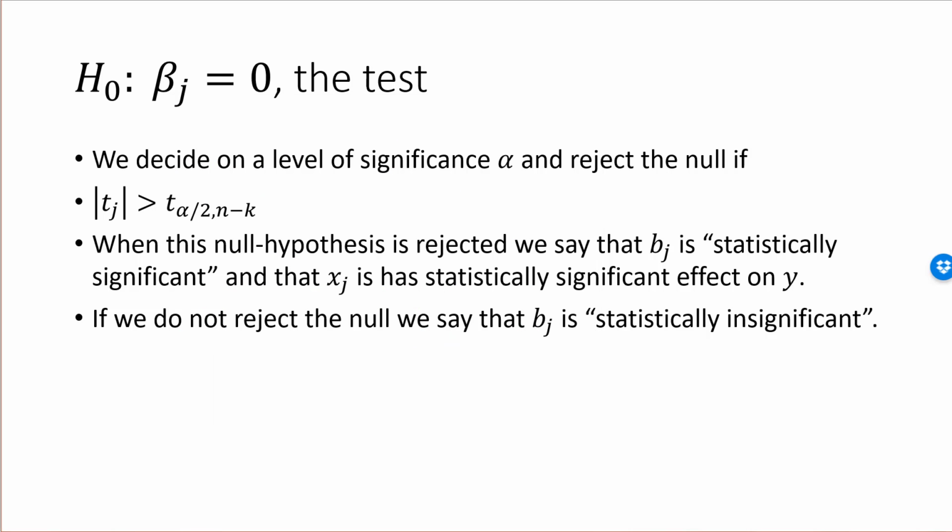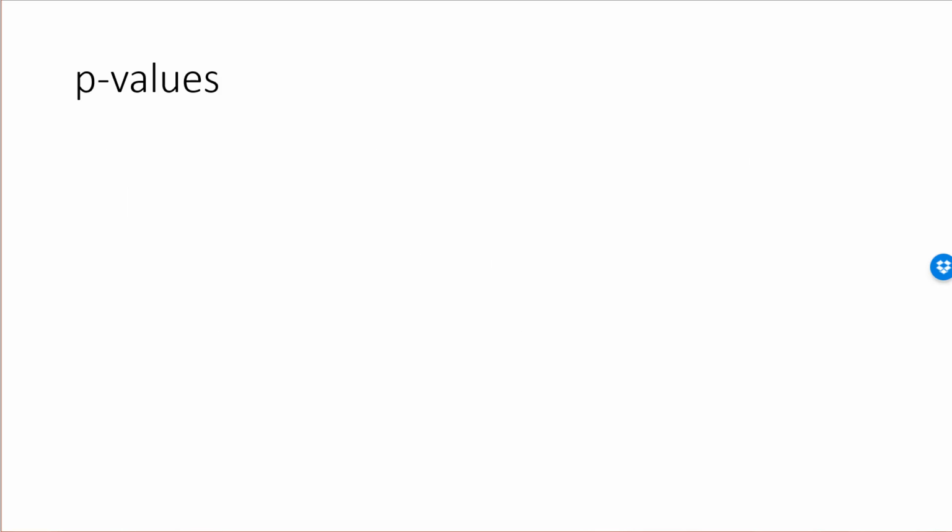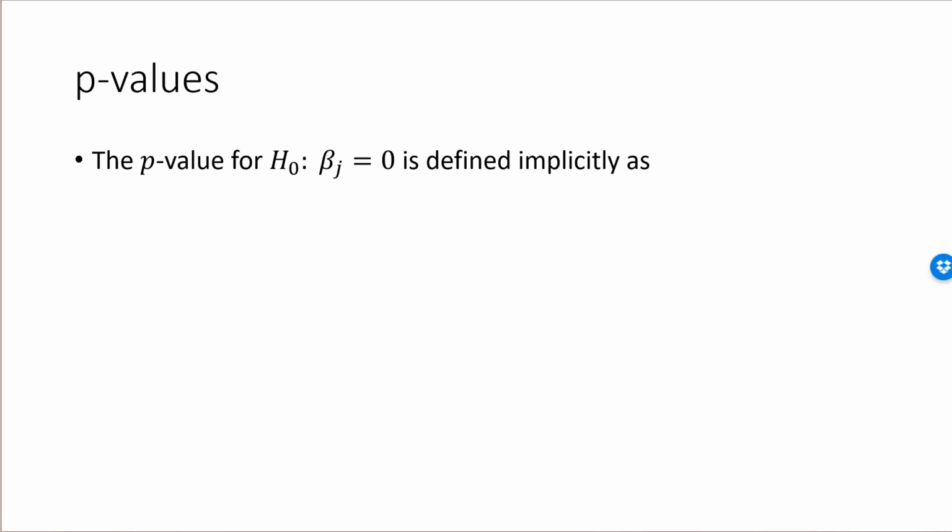So just similarly to the case when we had one explanatory variable, the p-value for a hypothesis, such as this one, is defined as the level of significance when you are indifferent between rejecting and not rejecting.